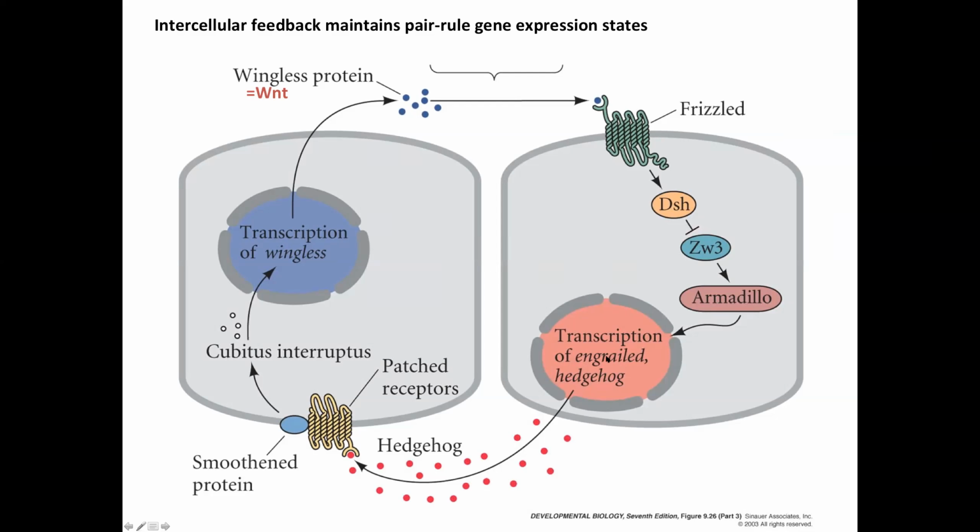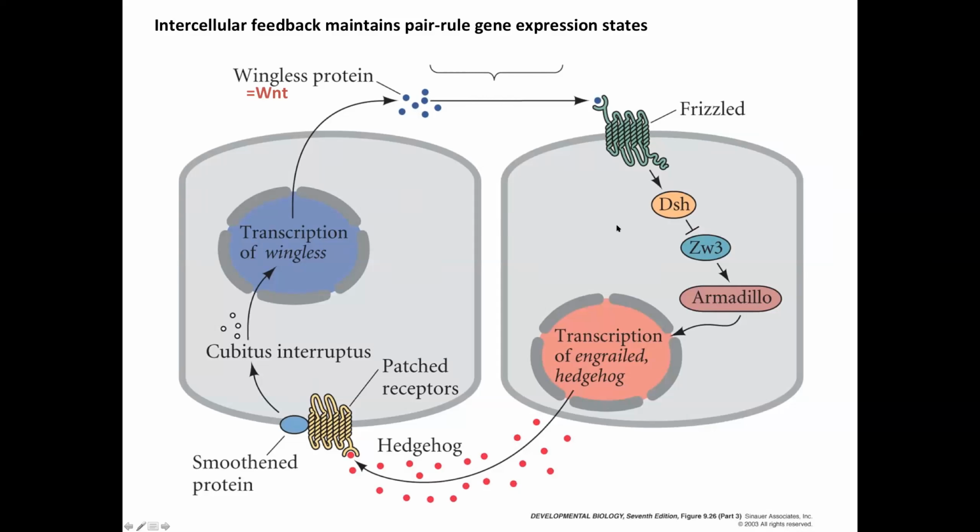So engrailed producing cells will also make hedgehog. Hedgehog is a signaling ligand that will be released by the engrailed producing cells. It will bind to its receptor, smoothened, and then result in wingless.